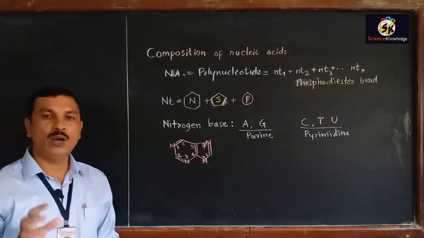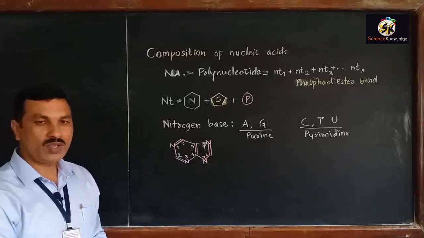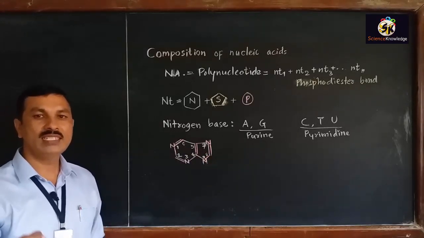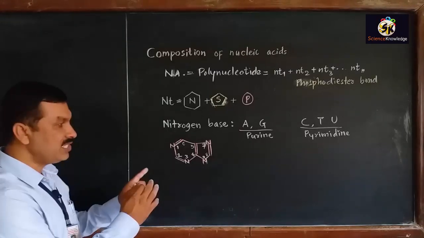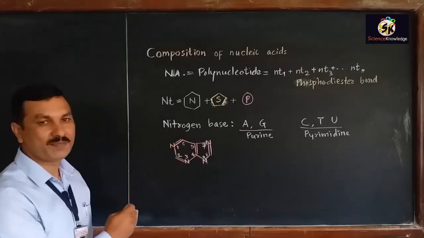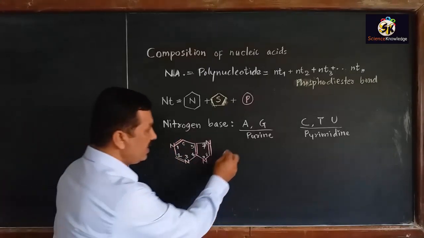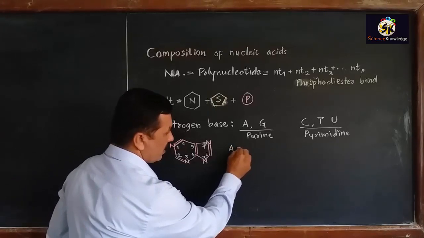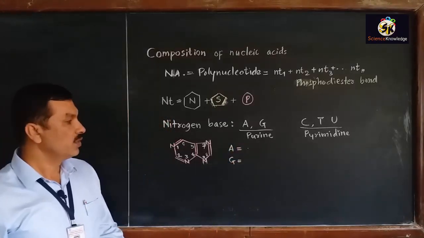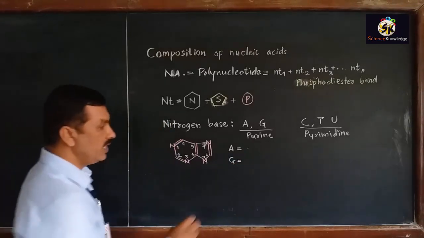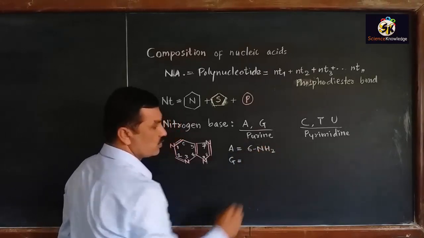Okay, now how to draw adenine and guanine? It can be drawn with a simple trick. We have to just remember the additional groups to this basic structure. Now I will write the additional groups for adenine and for guanine. For adenine, the additional group is a 6-NH2.